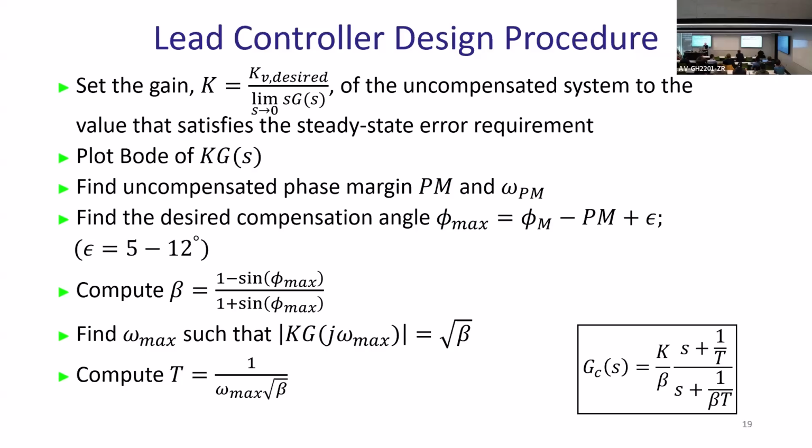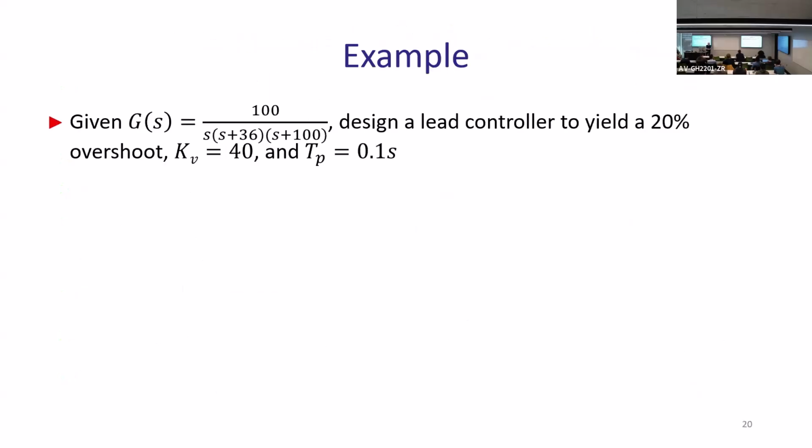Okay. So we work with the same function as previous time, and we want Kv of 40. Now we want overshoot of 20% and Tp of 0.1 seconds. This is the requirement for that particular exercise. Okay. So again, computing that the same way, you get 0.456 given 20% overshoot, which is desired.